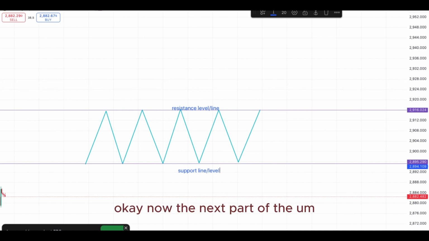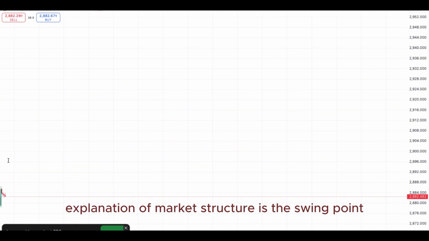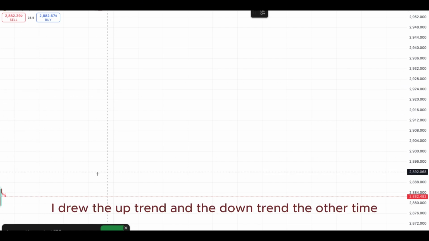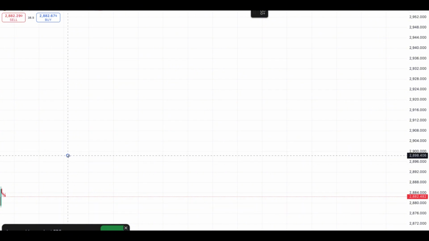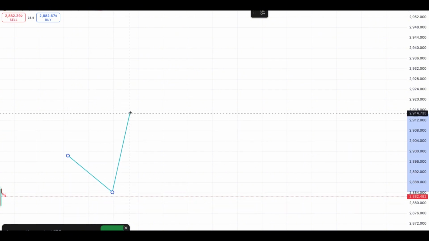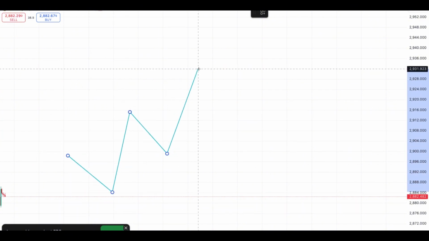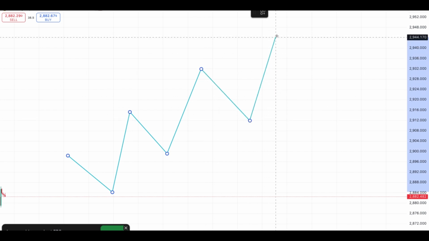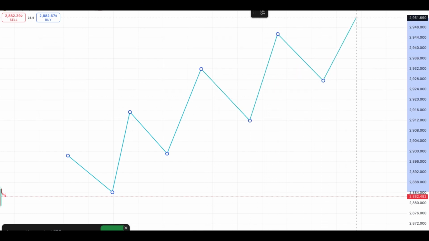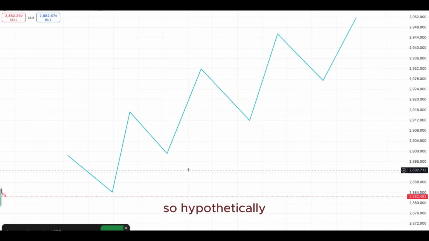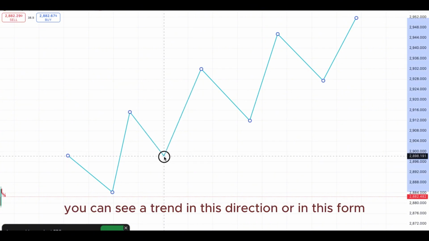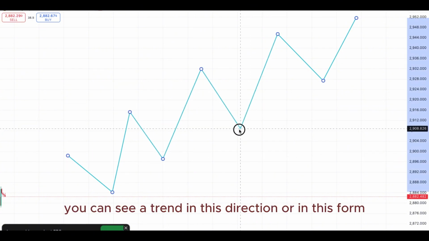Okay, now the next part of the explanation of market structure is the swing point. Remember, I drew the uptrend and the downtrend the other time. So hypothetically, you can see a trend in this direction or in this form.